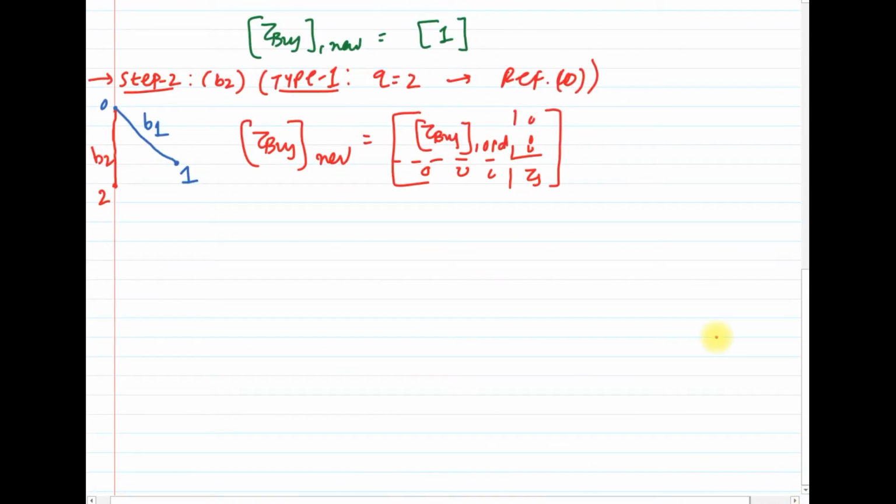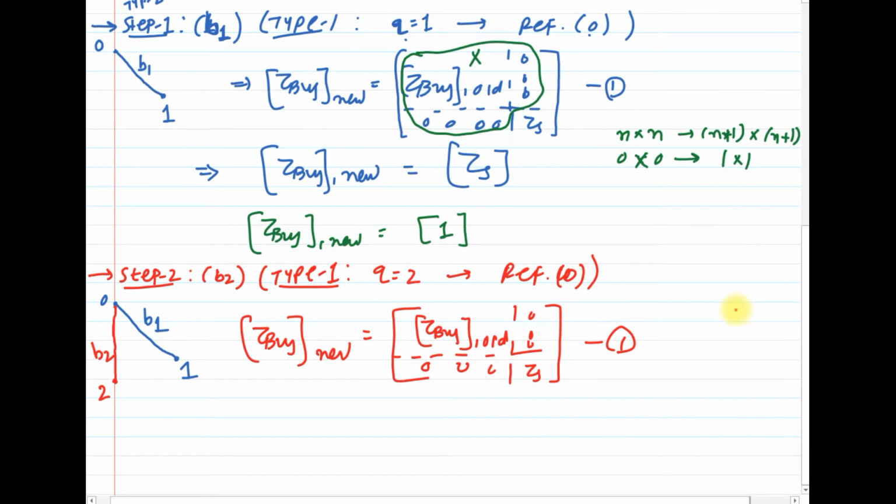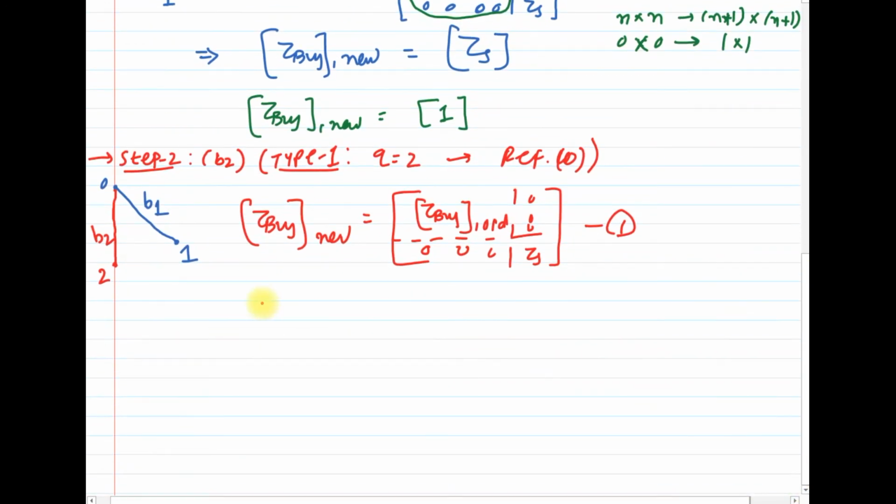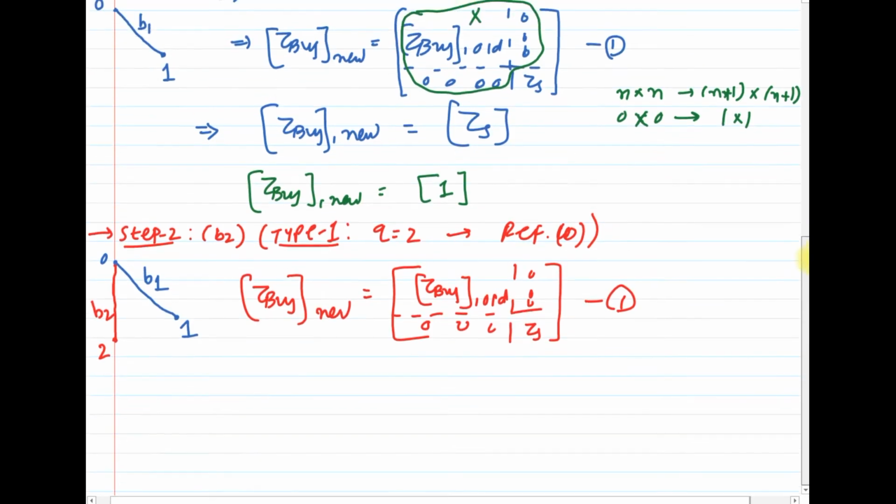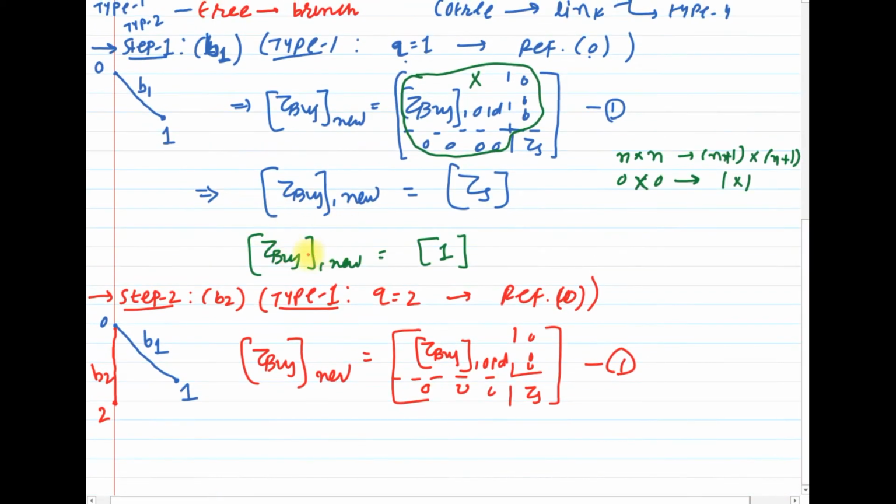This is your equation number 1 for type 1 modification. For this step, we have to consider the Z bus old from our previous modification, where Z bus new was 1 cross 1 with the value of 1.